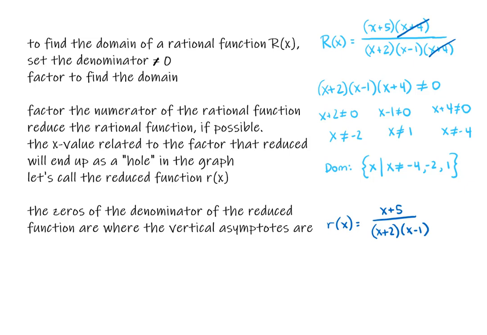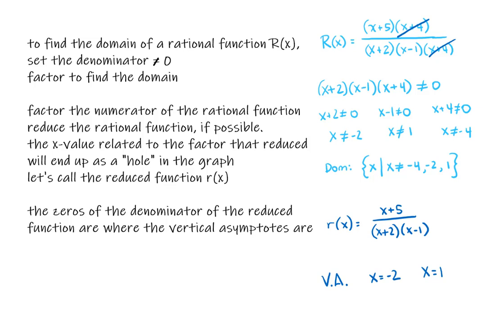The asymptotes are at the zeros of the denominator of the reduced function. So my vertical asymptotes are going to be at x equals negative 2 and at x equals 1. Even though there were 3 factors in the denominator for the original function, there are only 2 vertical asymptotes. What happens to that third hole in our domain?